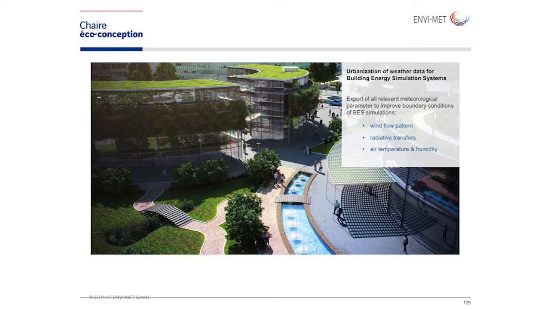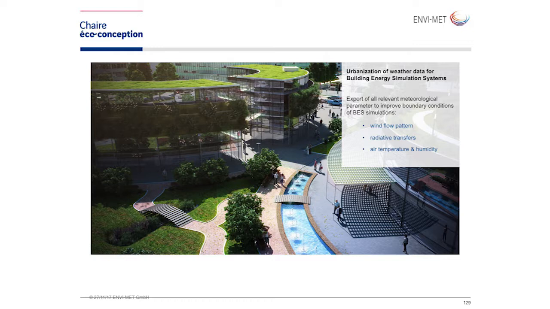That can vary a lot. And what we want, of course, to do to make a good building energy simulation, or better to provide better data for building energy simulations, is not just use an average climate data file which is valid for a complete urban area, but to really make a localization of the very specific location where this building is going to be or is at the moment.